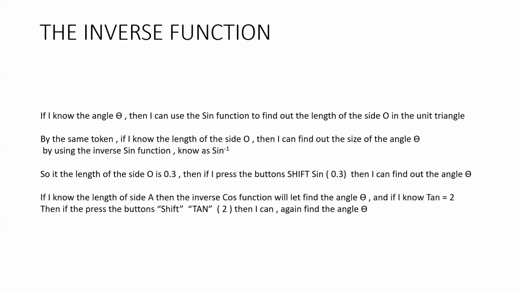Then you open your brackets, 0.3, close your brackets, press equals, and it will tell you what the angle is. Similarly, you can do exactly the same thing with cos. And also, if you happen to know what the ratio of the two sides is, that is, what tan is, then you can do that. So for example, if tan is 2, you just put shift tan, open brackets, 2, close brackets, and then it will tell you what theta is.